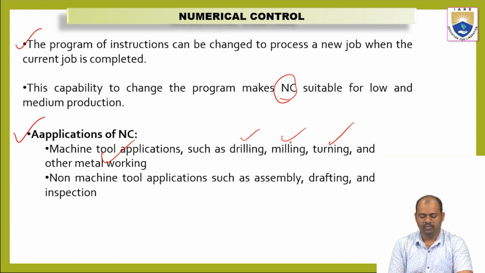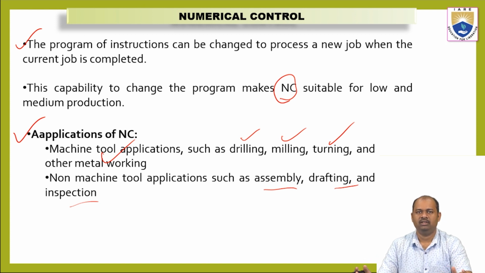Then there are non-machine tool applications such as assembly, drafting, and inspection. Along with drilling, milling, and turning, we can do some other applications where we don't use any tool. Assembly means we can assemble two parts, like parts of a car body, and drafting of the body can be done, and inspection.